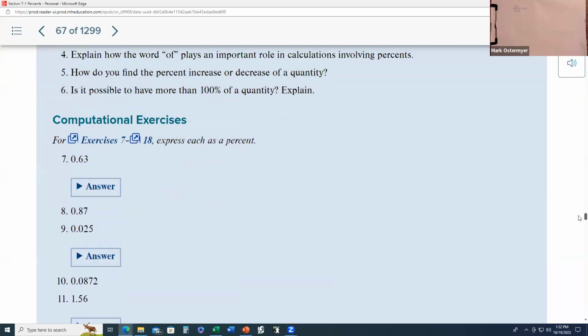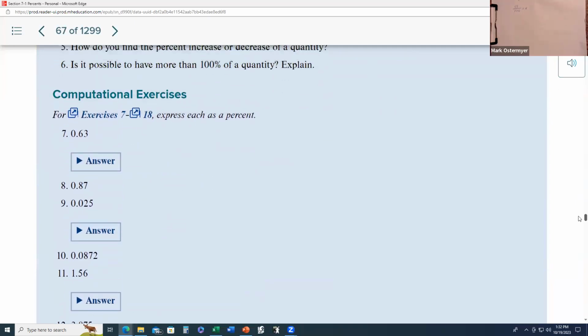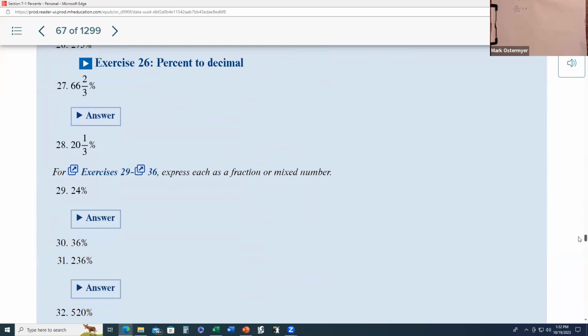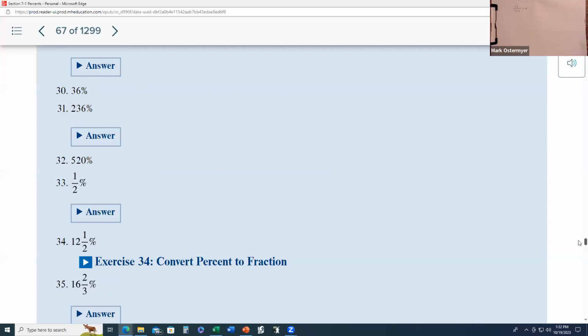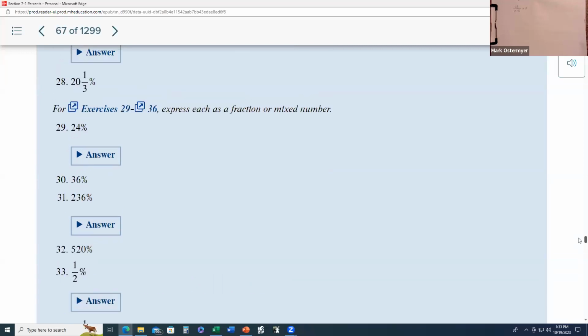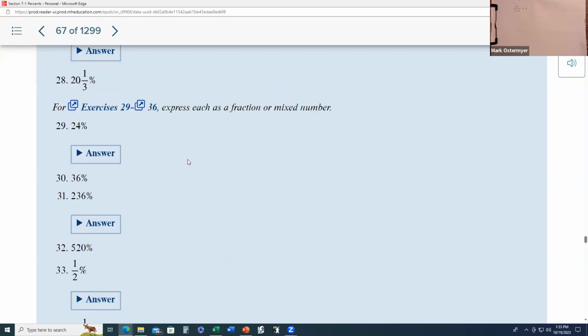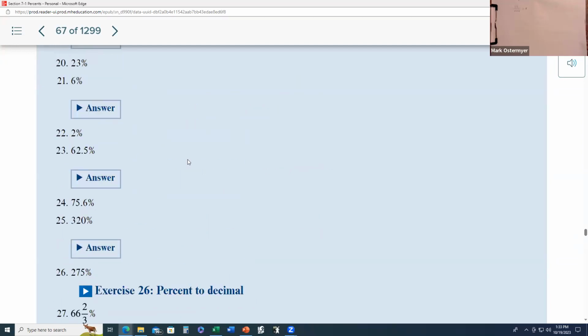All right. Let's see if we can try a couple out here. These are just changing percents to decimals and decimals to percents. I'll have you do just maybe a couple here.